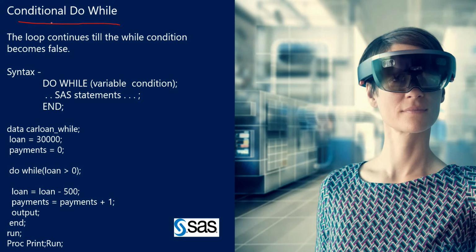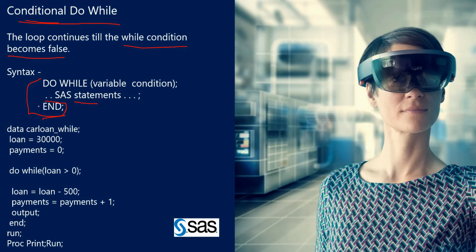Next is the conditional do while. Do while and do until are called the conditional ones. Why conditional? The loop continues till the while condition becomes false. If the while condition becomes false, my loop will stop. So do while variable condition, your statement, then the end statement.